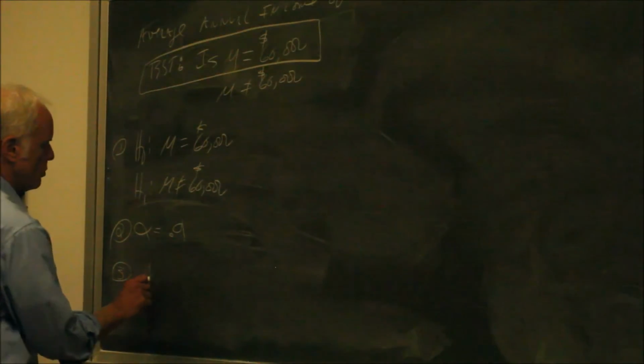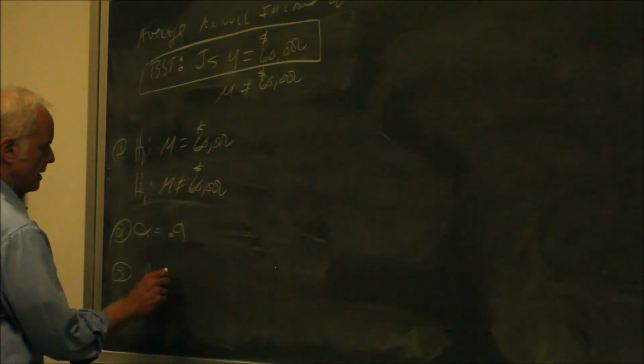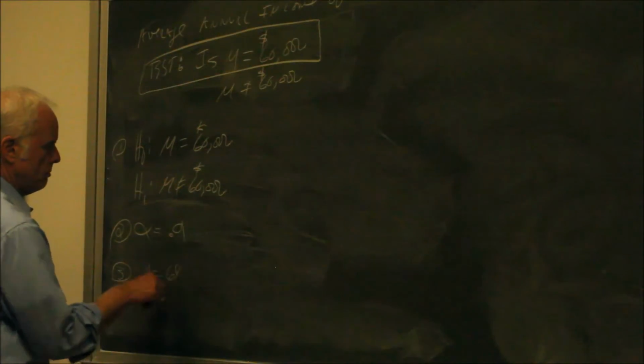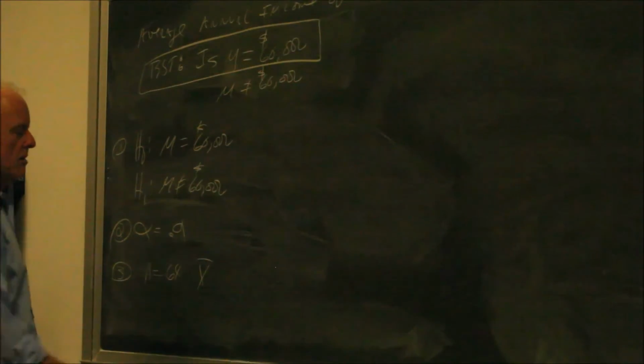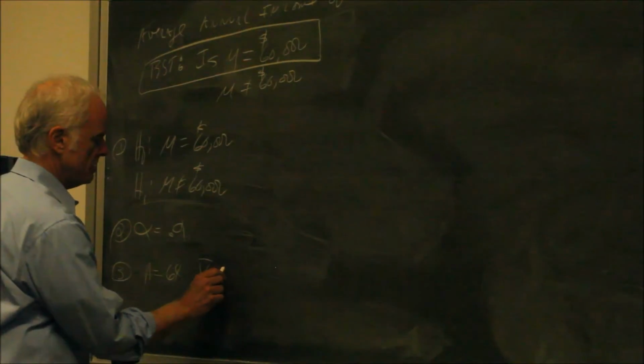Sample. It says take a sample of size n. So let's say we take n is equal to 64. And we come up with the x bar. Let's say x bar is 58,000. Now let's say it's 59,000.